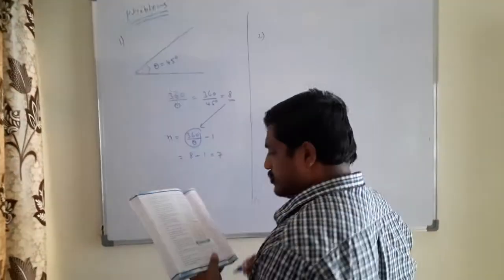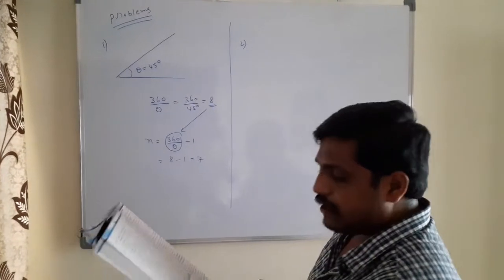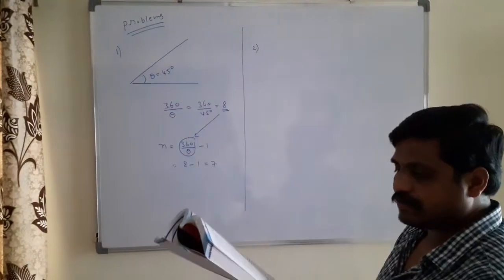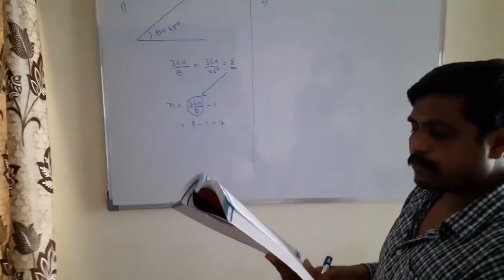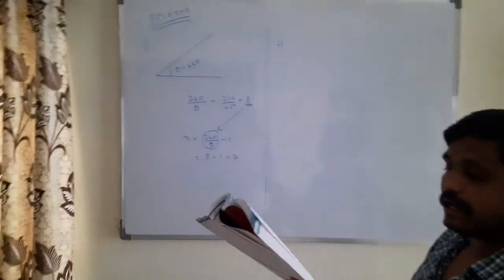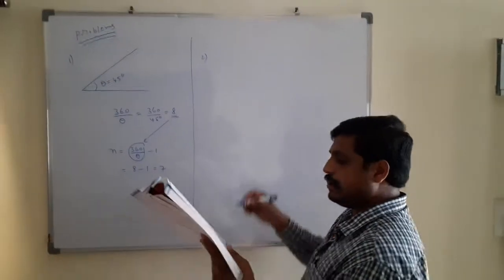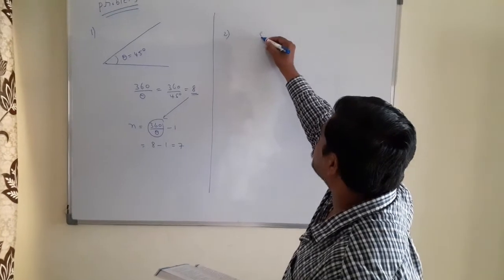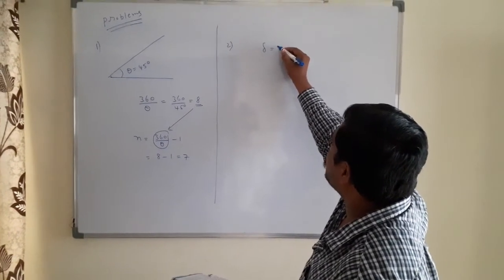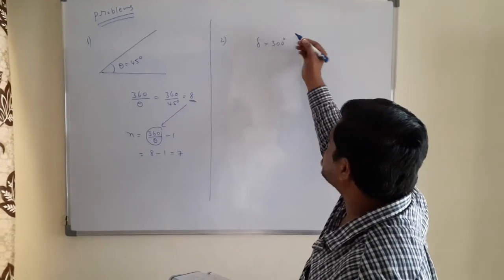The second problem also I will discuss. Look here. A ray reflected successively from two plane mirrors at a certain angle undergoes a deviation. Here two plane mirrors are given and the net deviation is 300 degrees.